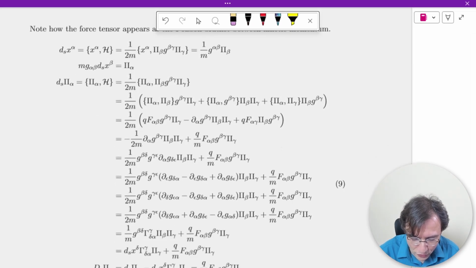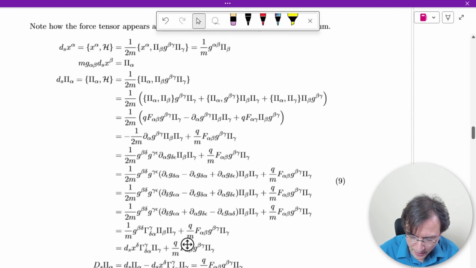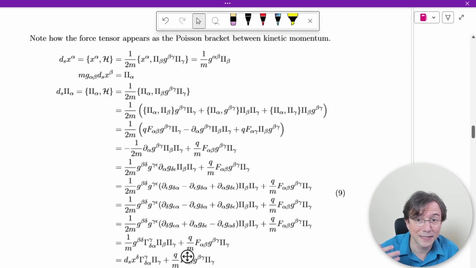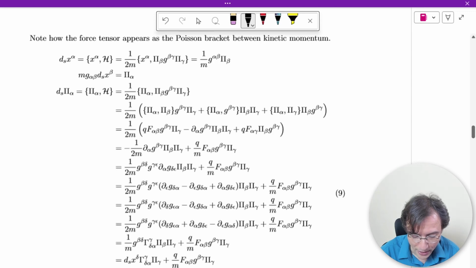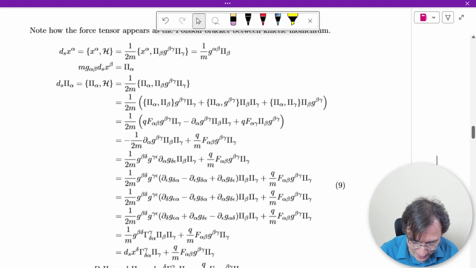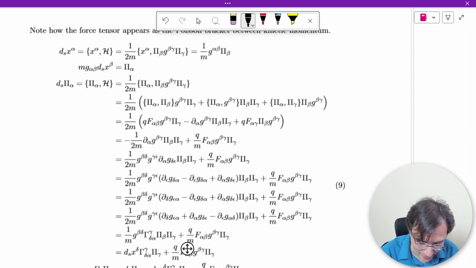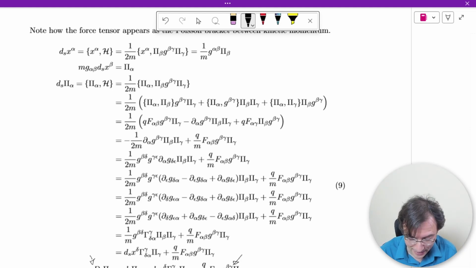Then the other thing you can do is see how the kinetic momentum itself evolves. Again, you just take the Poisson bracket between the kinetic momentum and the Hamiltonian constraint, do a bunch of calculation, and what you find at the end is essentially an equation of a geodesic already embedded in here.